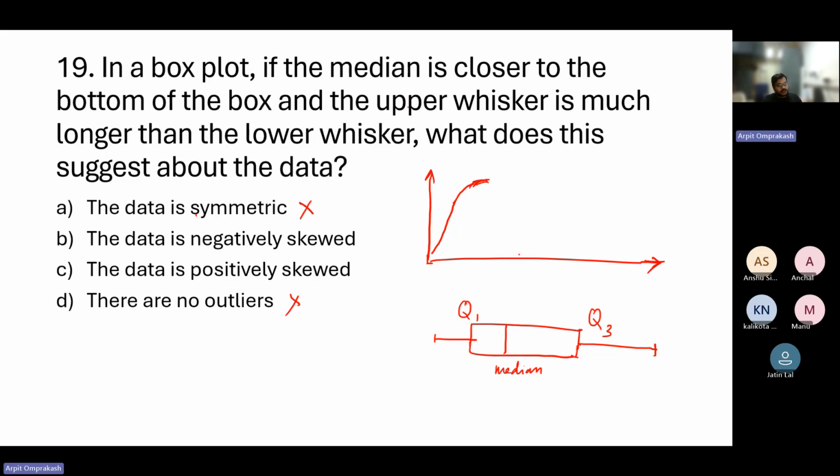Sorry, the next 25% of the data is spread out in this region till Q3. And the last 25% goes beyond. So what we have is basically a distribution like this, which is a positively skewed distribution because it has a tail towards the right.